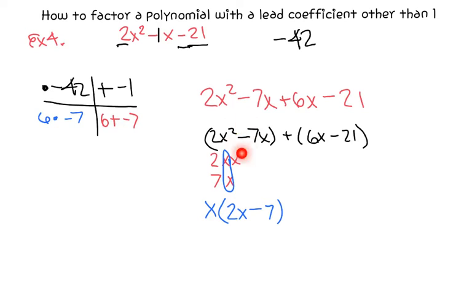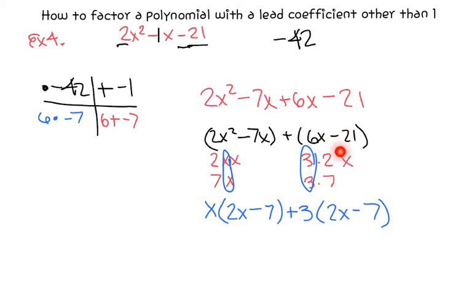Remember, the minus sign comes from the original. And now for the second binomial, 6 breaks down to 3 times 2, and there is an x. 21, 3 times 7, no variables. So they have the 3 in common. So take the 3 out, and what we have left over is 2x minus 7.